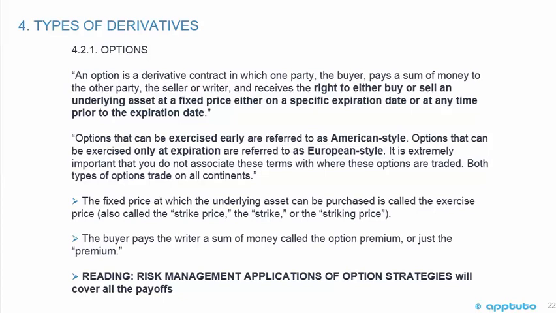There is a section in this reading that has the option strategies and shows you the chart for the put and the call, but we're going to cover that later on. Because in the risk management applications of option strategies reading, you determine the value at expiration, the profit, maximum loss, break even, etc., and the payoff graph. So rather than doing it twice, we're just going to do it once when we cover that learning outcome statement in that reading.